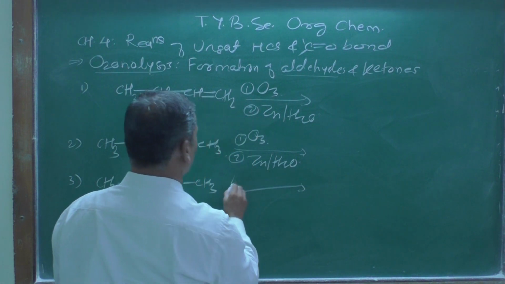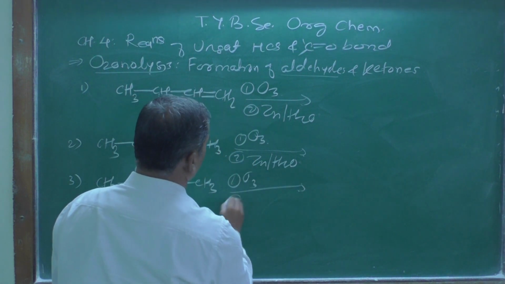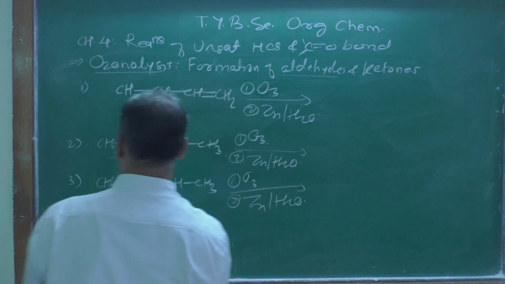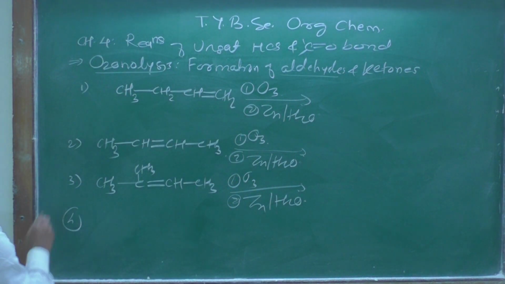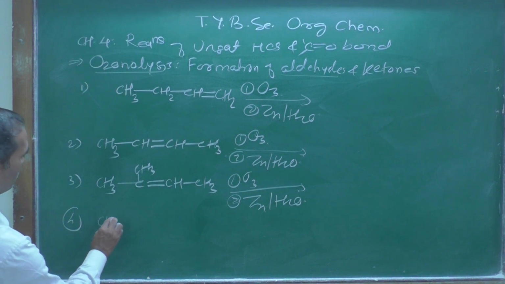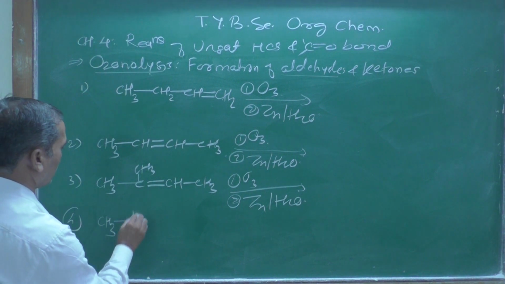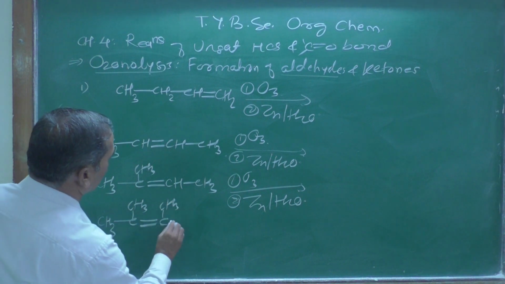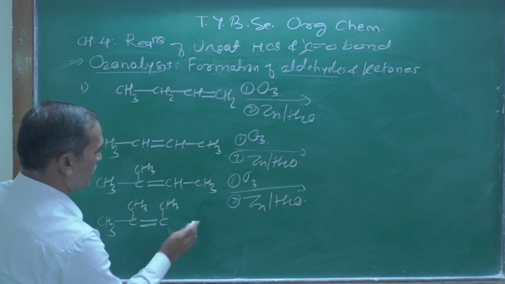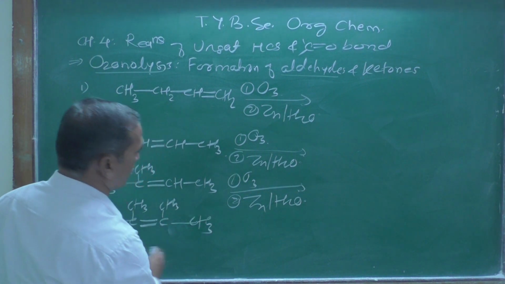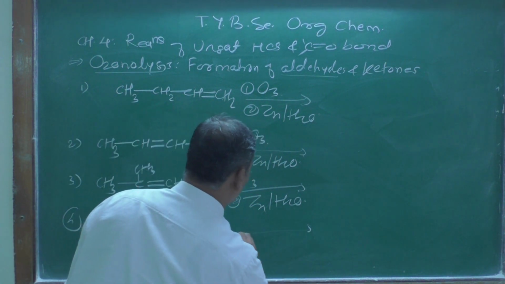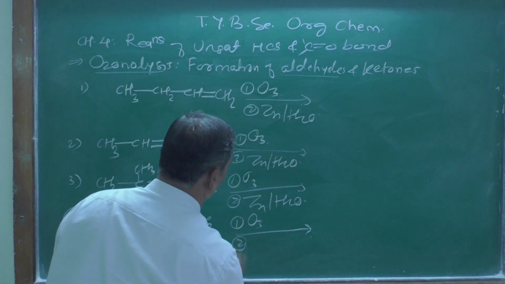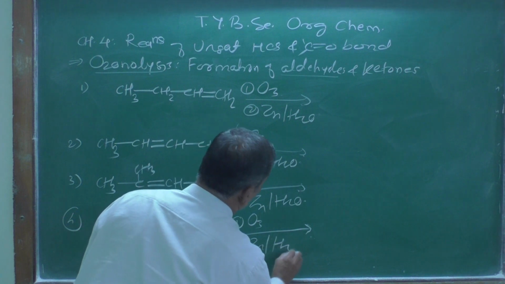Now here I am taking first O3, second Zn in the presence of H2O. Now fourth one, let us see here CH3, then CH3 double bond here CH3 CH3, then another methyl group, and then taking first ozonolysis, second zinc in the presence of H2O.